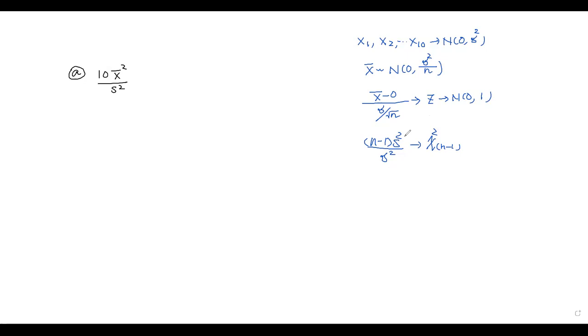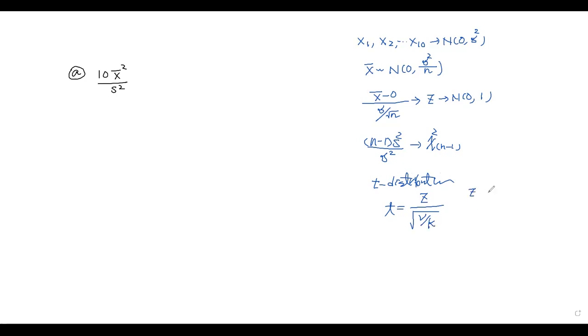Another sampling distribution we need to be aware of is how we define the t distribution. The t is Z, a standardized normal, over the square root of V over k.